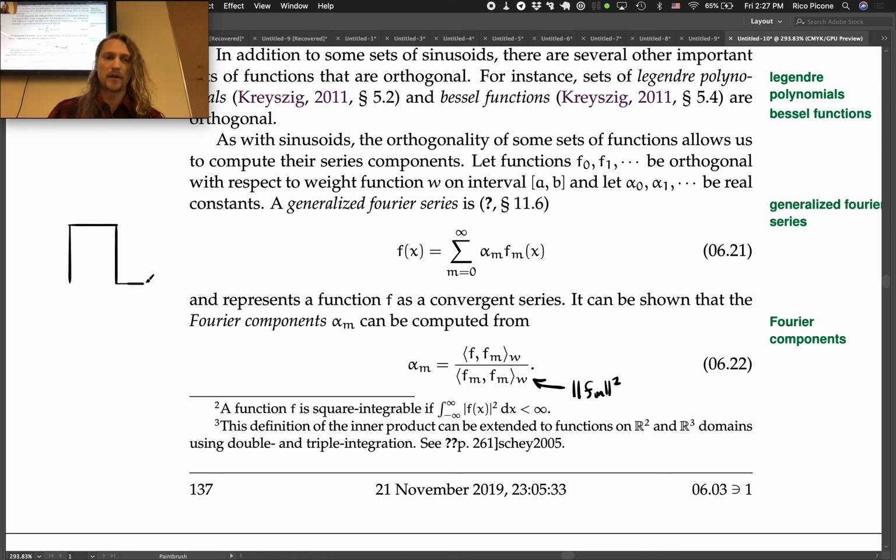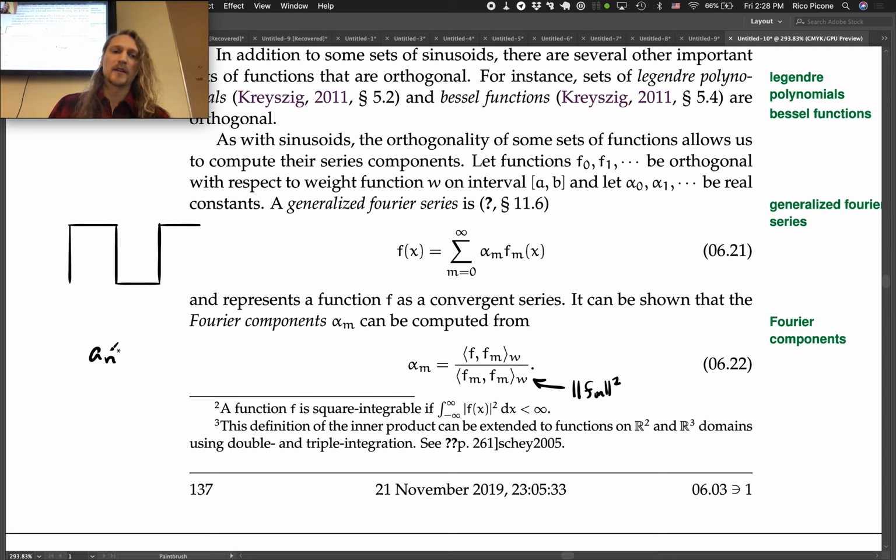We had a periodic function like a square wave, and we said, if you sum up enough sines and cosines at different frequencies and amplitudes, you can represent this function as an infinite convergent series. Those an and bn components can be computed from a formula that is actually a specific version of this. 622 is the more general formula.